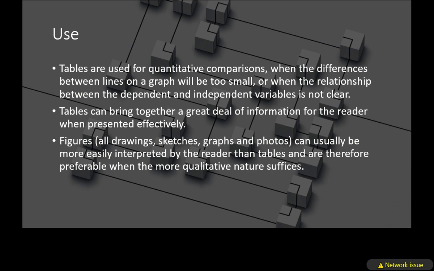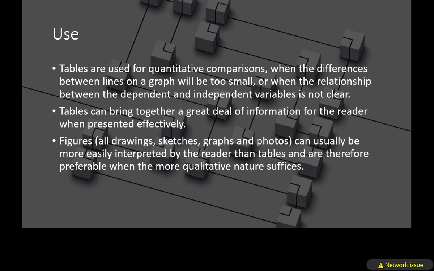For example, traffic. My specialization is traffic. I will give you a very straight example. Everybody would know that when the number of vehicles on the road is high, speed is low. Very simple, right? More vehicles, low speed. Our assumption is it is a linear relationship, so it's a straight line.